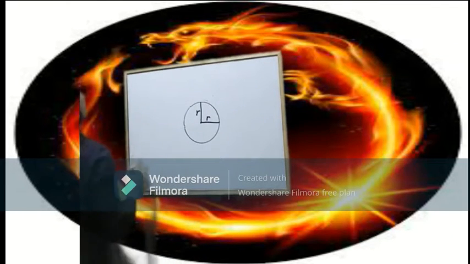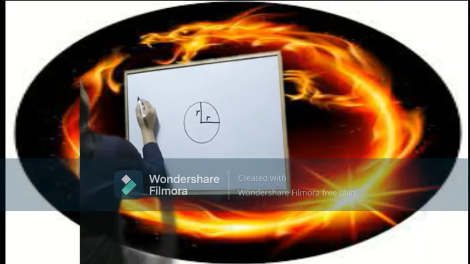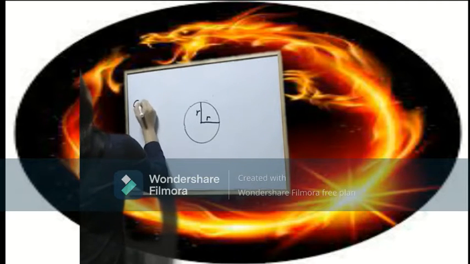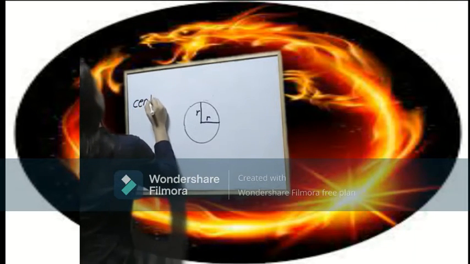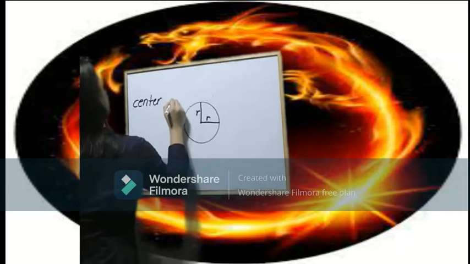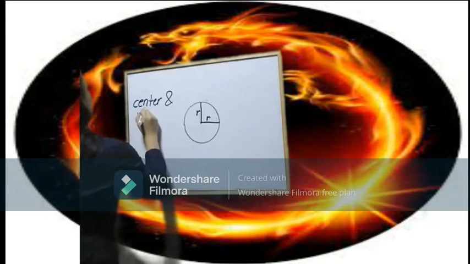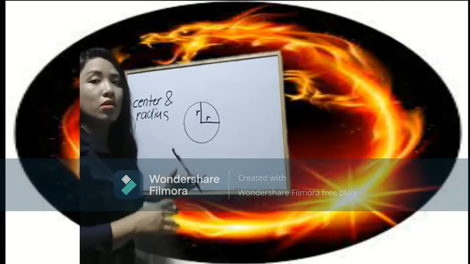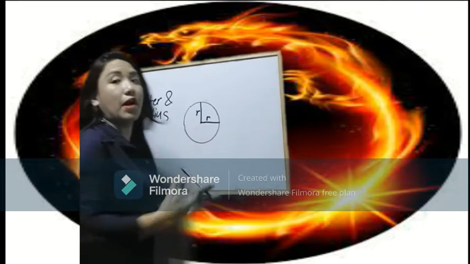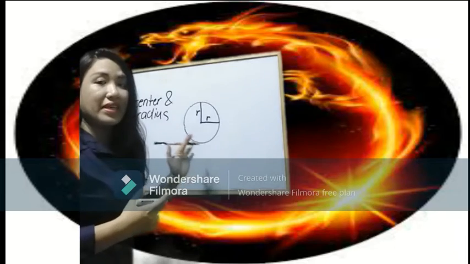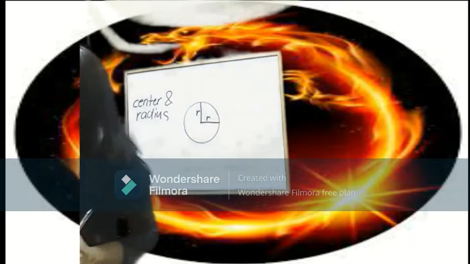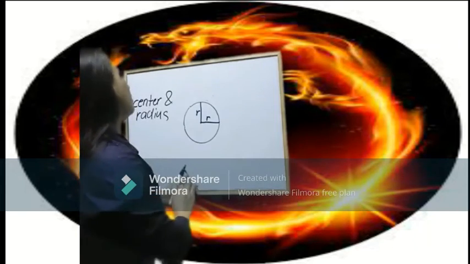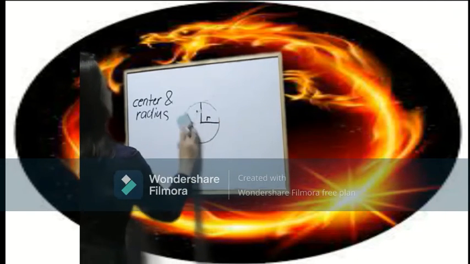So we have two essential components of a circle that we will be talking about today, which are the center and the radius. Now we will be looking at the circle plotted on the graph with the use of René Descartes' Cartesian plane. So you see, it is still connected with the Cartesian plane. So I'll take this circle off.